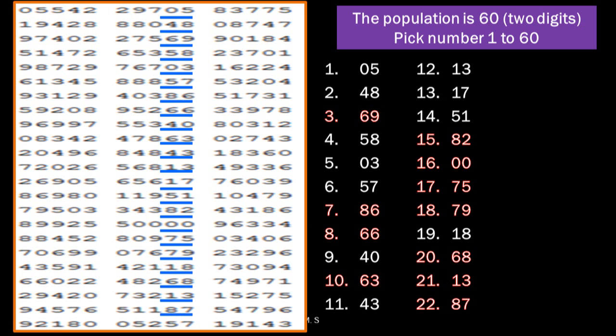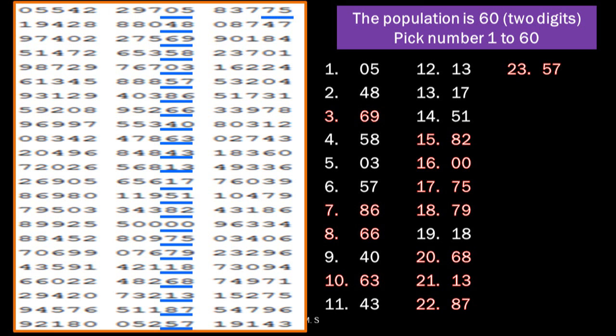87, that is bigger than 60, then we discard this. 57, 57 just like number 13. As you can see here, number 6 we have already got, so we discard it. Now we continue to the next generated numbers.